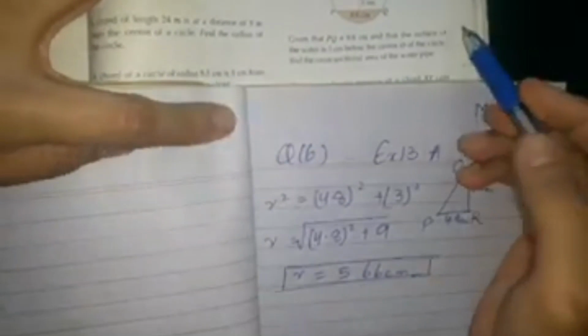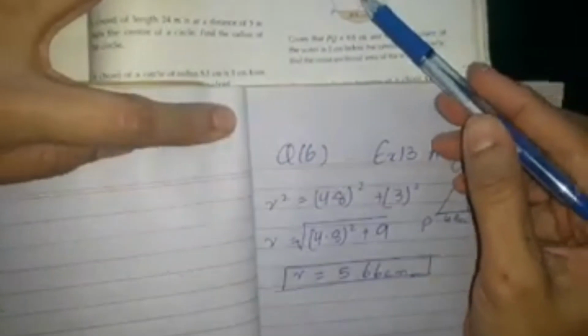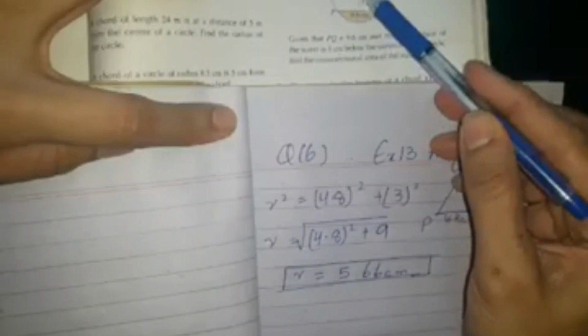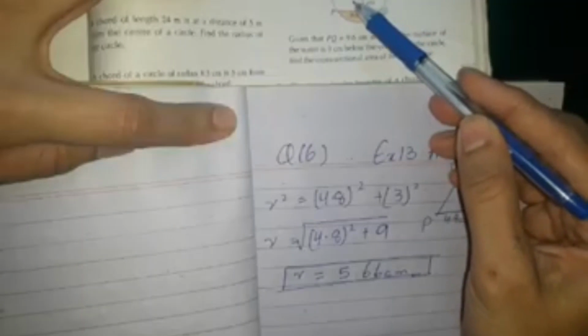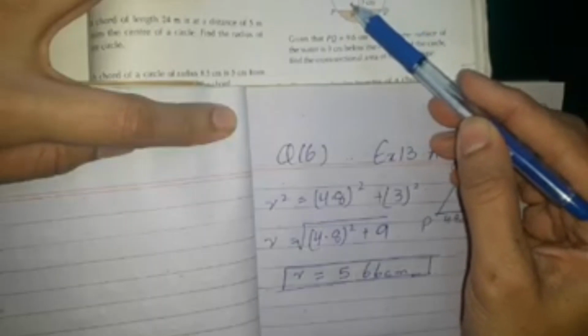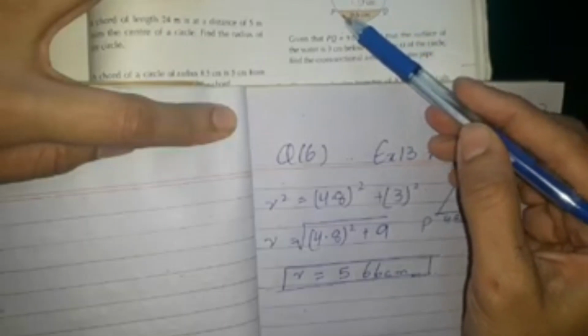But what is required? The question is to find out the area of the shaded region. So how can we find out the area of the shaded region? First we find the area of the sector and we subtract the area of the triangles from it in order to get the area of the shaded region.